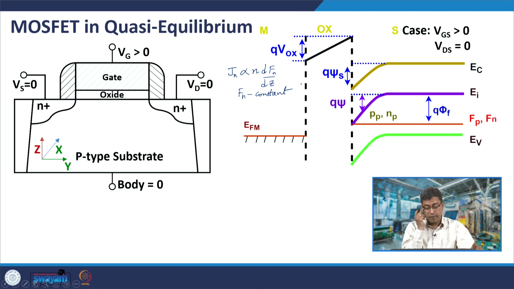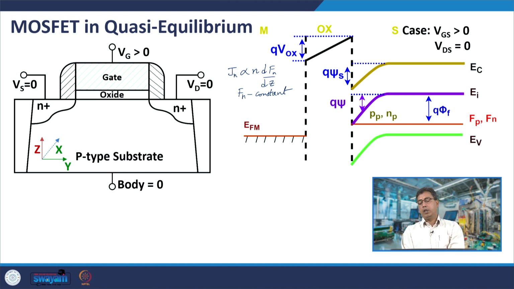So, though the device is not in equilibrium, the hole and electron quasi Fermi levels would match and stay constant throughout the silicon, because the current densities are all 0, since VDS is 0 and there is an oxide between the gate and the silicon body.